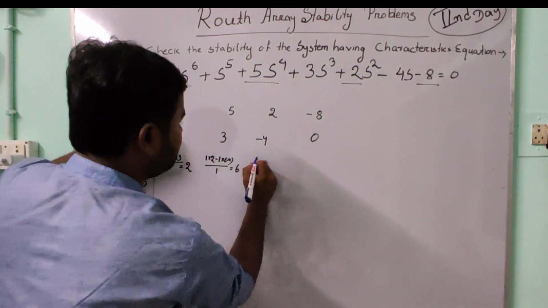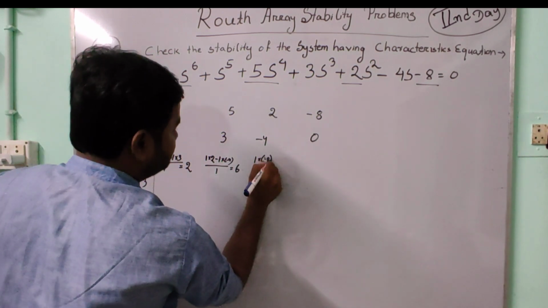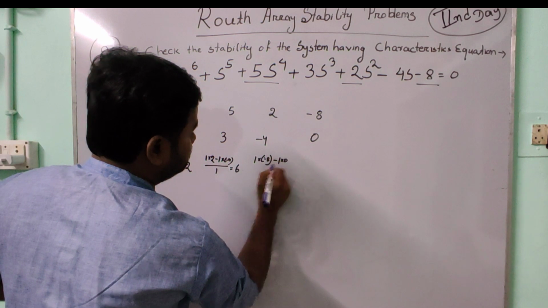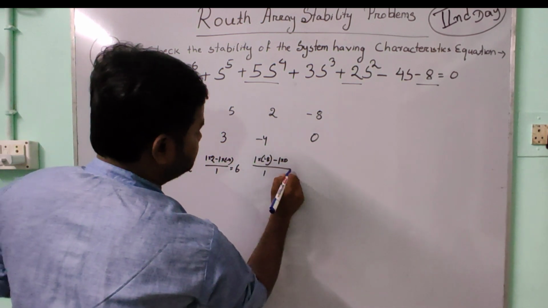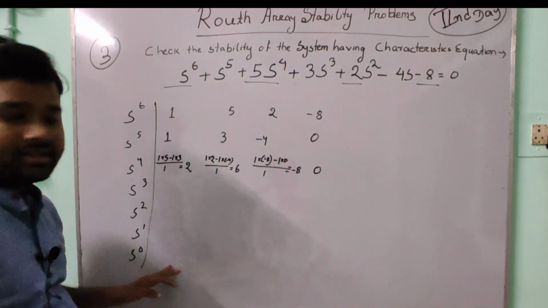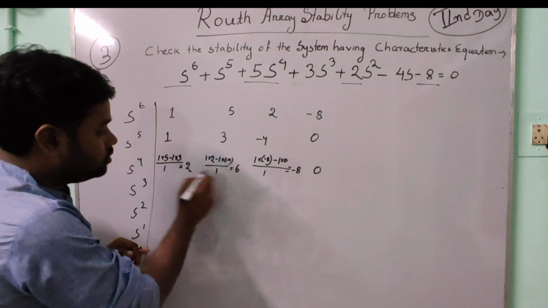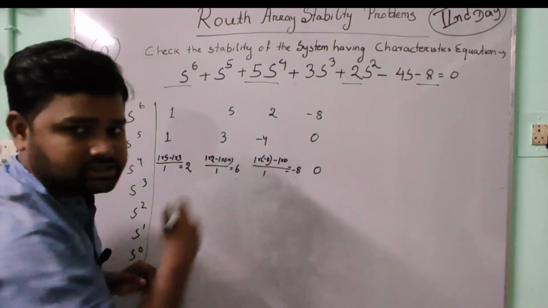Then (1 into -8 minus 1 into 0) divided by 1 is -8, and the last value is 0. So in s^4 we have got 2, 6, -8 and 0.